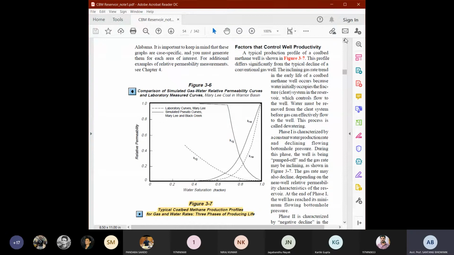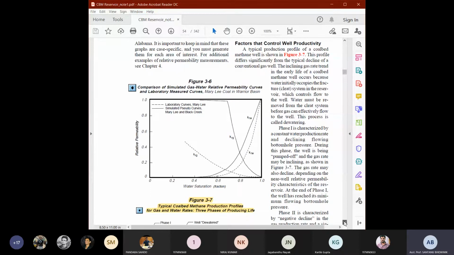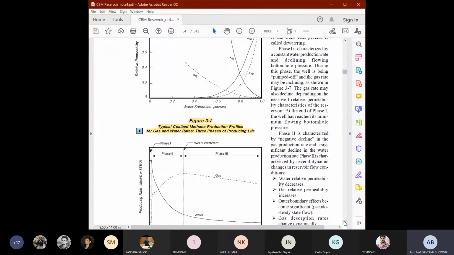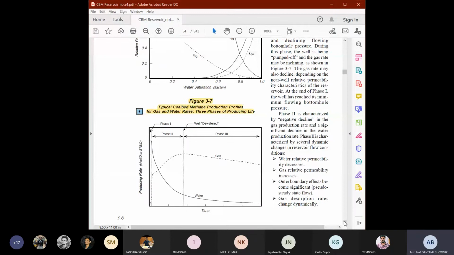Okay, so now if you see a typical production graph, let me show you first figure 3.7. Please see figure 3.7. This is the typical production graph from a CBM reservoir, of a single well. You can see on the x-axis they have put the time, and on the y-axis the production rate in MSFD.